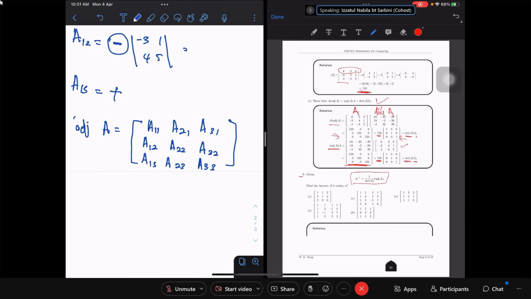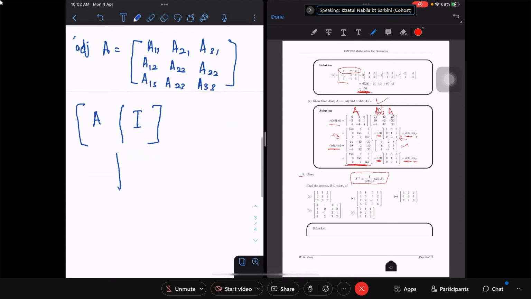Remember in chapter 2, we learned how to find the inverse using reductions, where we put matrix A and the identity next to each other, and then we reduce until we have the identity here, and here will be our inverse. Remember, we learned this in chapter 2 last week. This is another way for you to find the inverse, where the formula is 1 over determinant A times adjoint A.